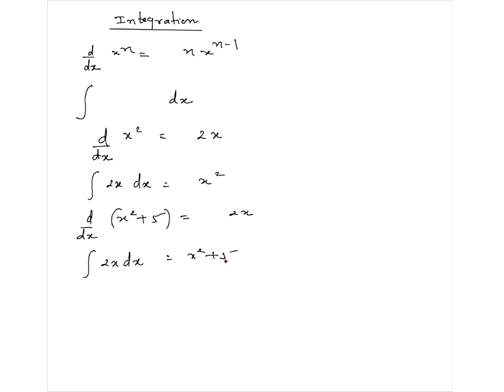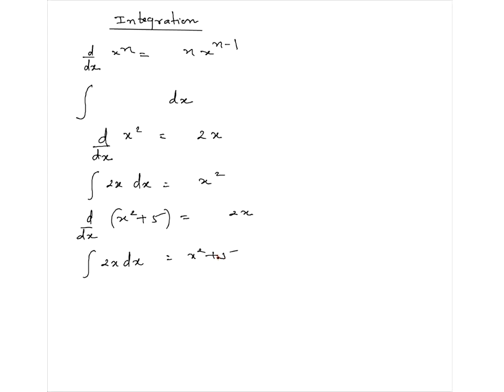That's a little problem. And why only 5? Put anything, any constant that comes to your mind. d dx of x square plus any constant will be 2x. That is why we call it indefinite integral.